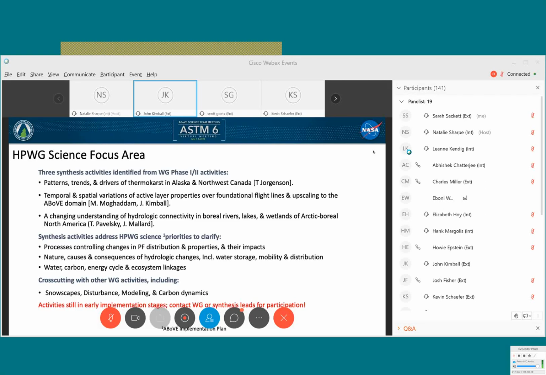So kind of coming out of the last working group, we had a breakout activity and kind of moving from phase 1 to phase 2 activities. We identified 3 synthesis activities to carry forward.